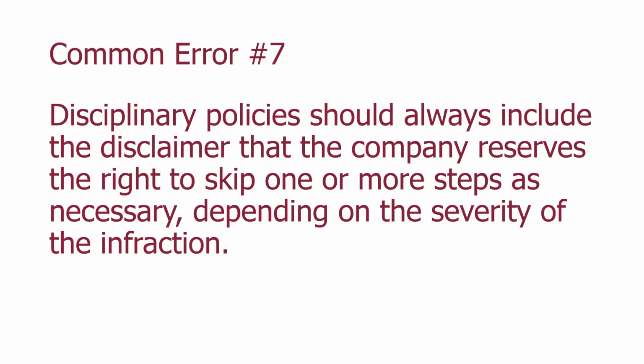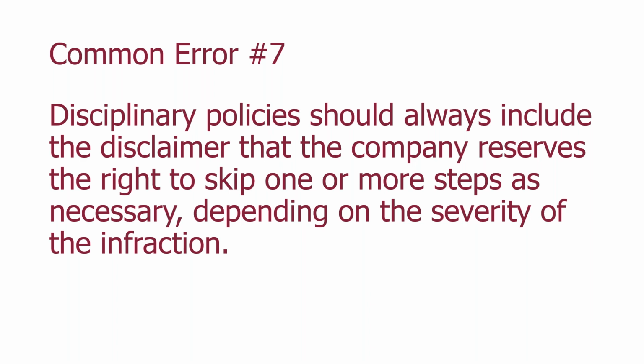So with that, your disciplinary policies should state something like that you reserve the right to skip one or more steps as necessary, and that the company, in its discretion, may discipline an employee with verbal coaching, a verbal warning, a written warning, more training, a performance improvement plan, or termination, all of the various options that you might consider for disciplining an employee.